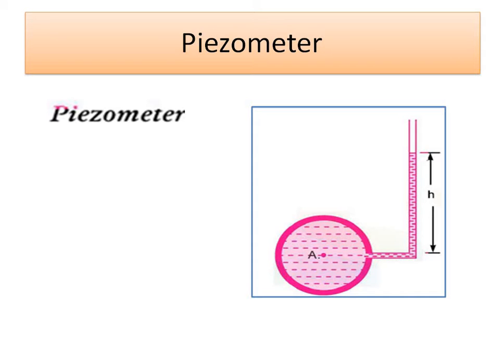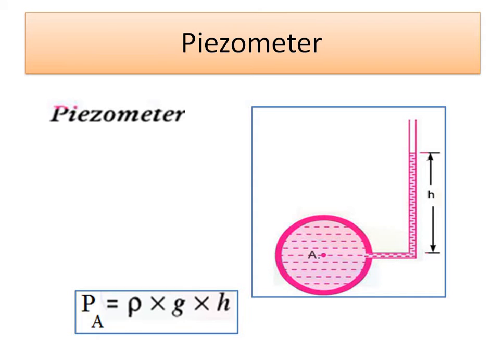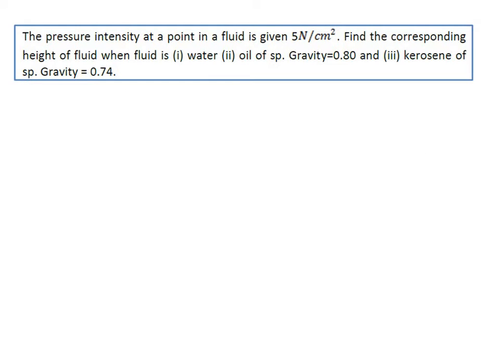Consider a point A where we want to measure the pressure. The tube is connected at the level of A, and H is the rise of fluid level inside the tube. So with the help of a piezometer, pressure can be given as P = rho g H. By using this formula we are going to solve some numericals.